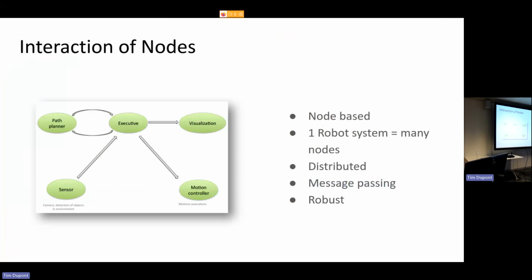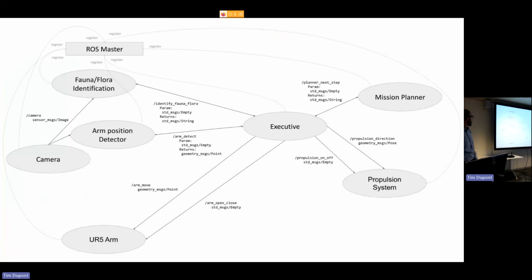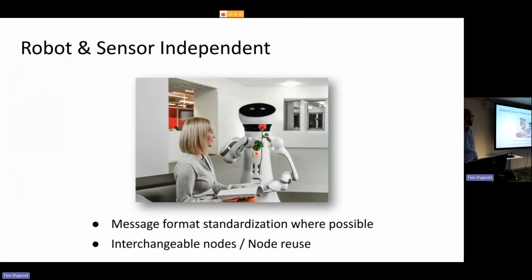The robot will just be stationary until the motion control is restarted. So those are the benefits of the ROS graph. This is a more complex view of a ROS graph. We'll get into what this all is in a minute, but it's just nodes communicating in a standardized way.